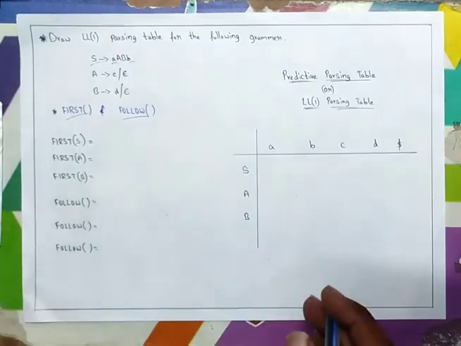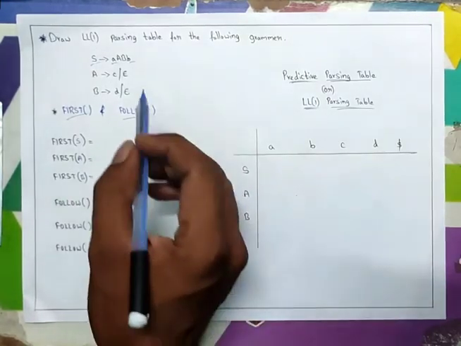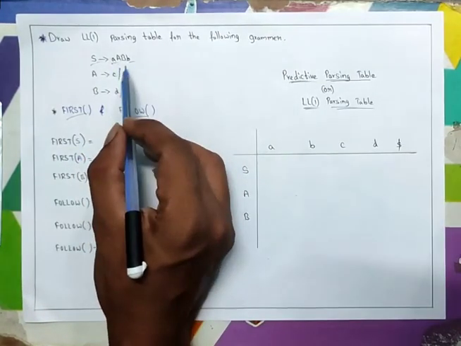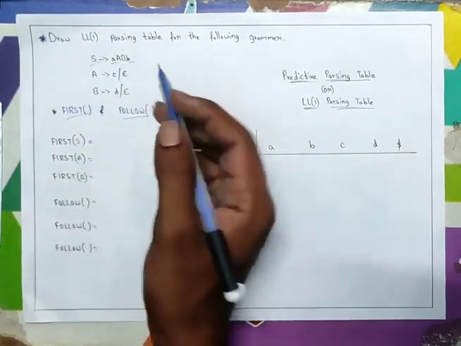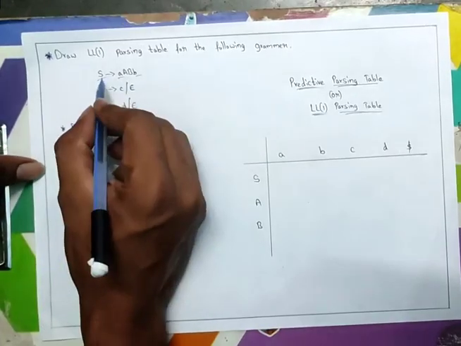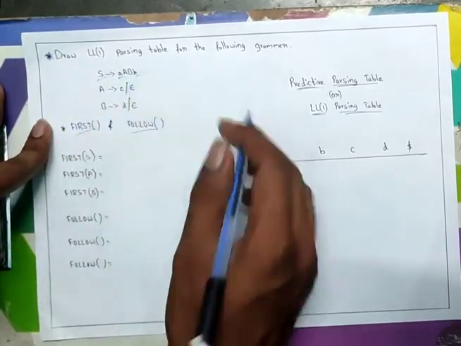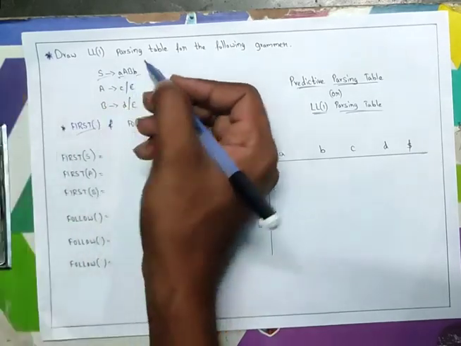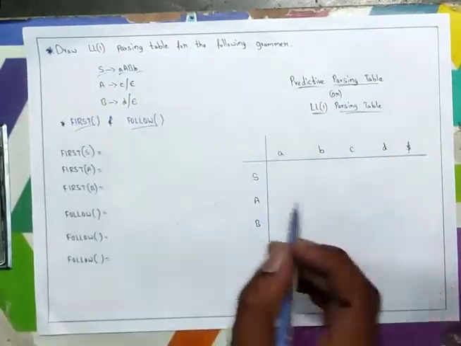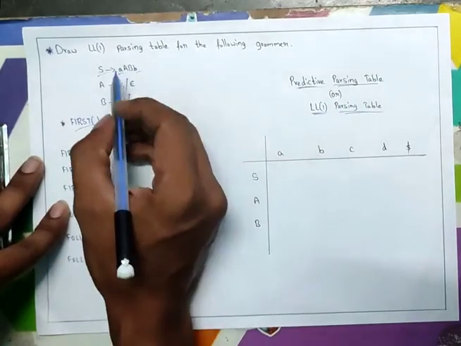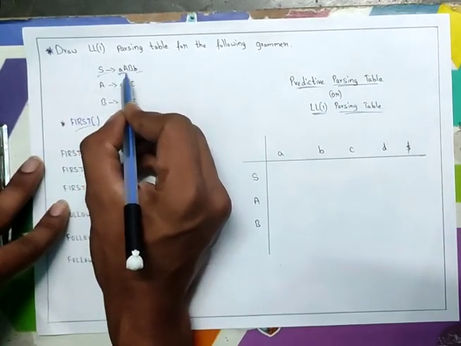And while performing the first function, we have to take the given production rule. Here S, which is a non-terminal, has the production small a, capital A, small b, and as the name indicates, we first choose the first element in the production.